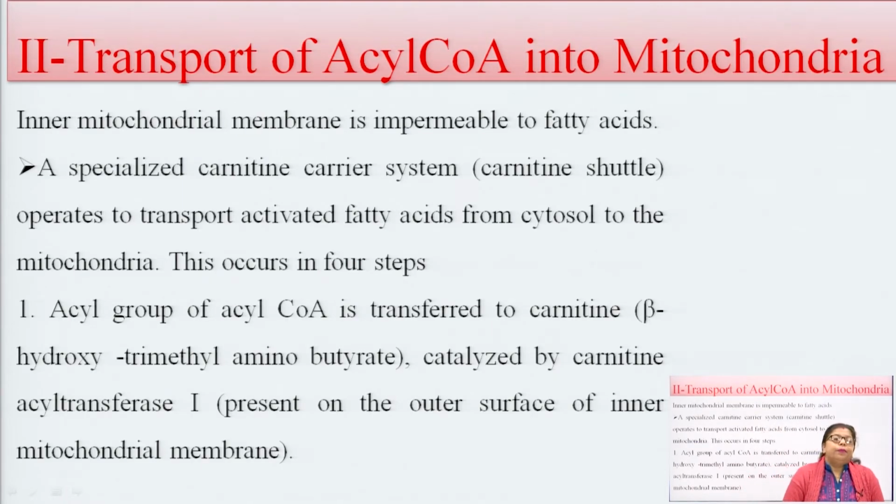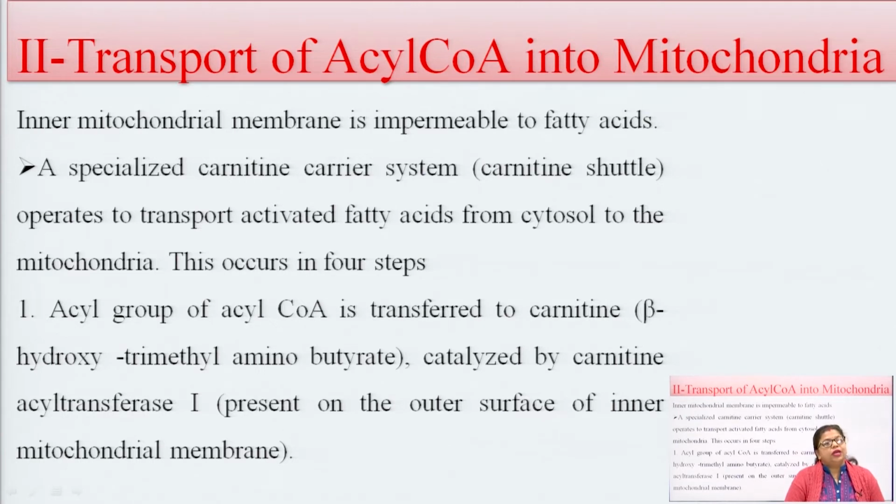The next step after this activation of fatty acid is the transport of acyl coenzyme A into mitochondria. The main reason for this transport is that the inner mitochondrial matrix is impermeable to fatty acid.